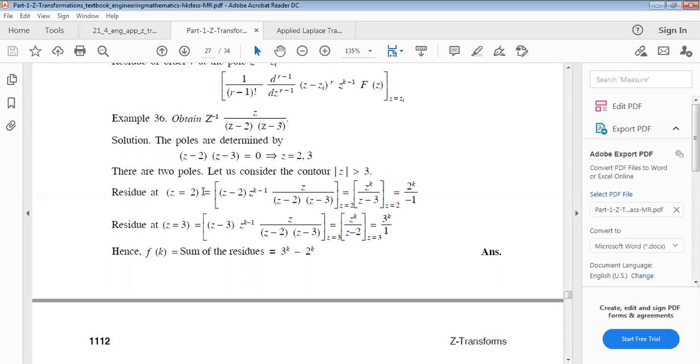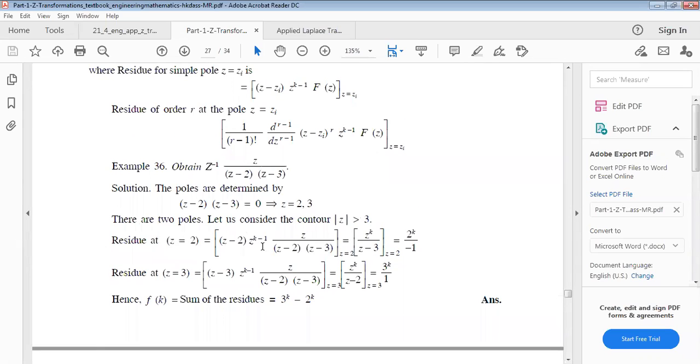Now the residue at z = 2 is (z - 2) z^(k-1) F(z), where zi is 2 and F(z) is the given function z by (z - 2)(z - 3). The (z - 2) terms cancel at z = 2, leaving z^k divided by (z - 3) at z = 2.